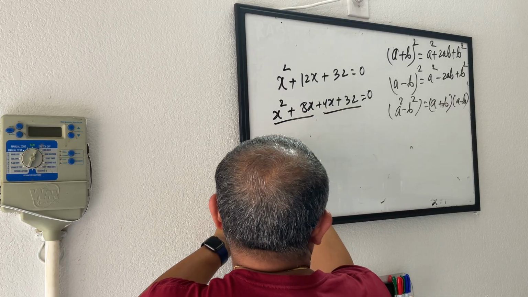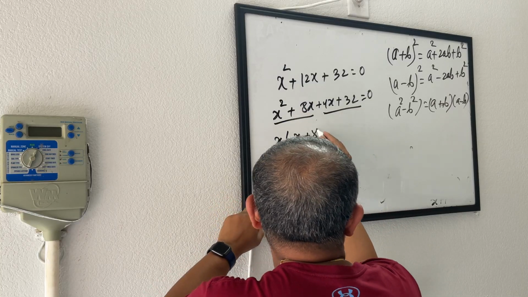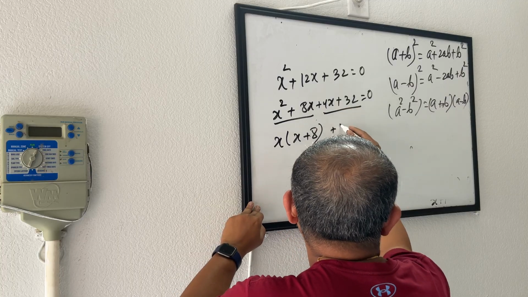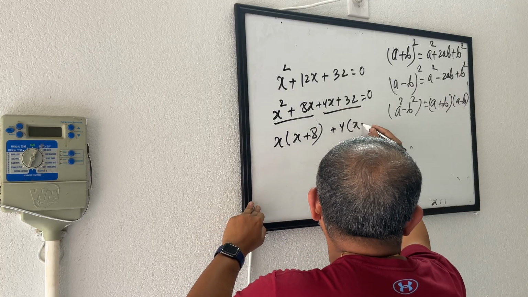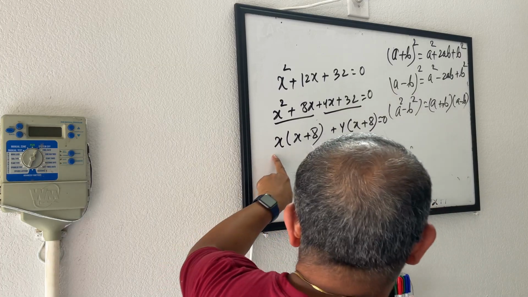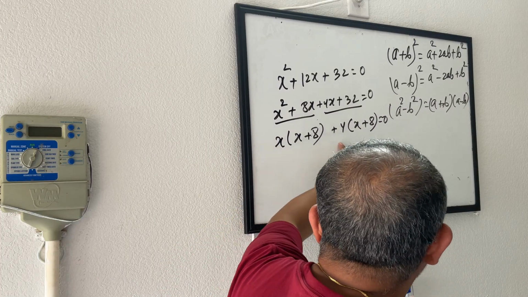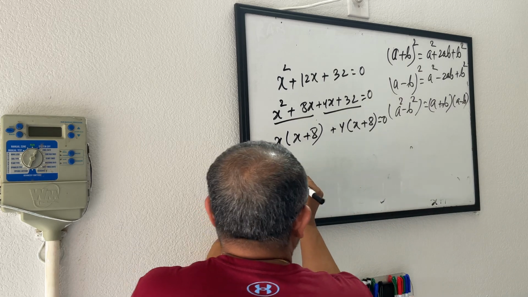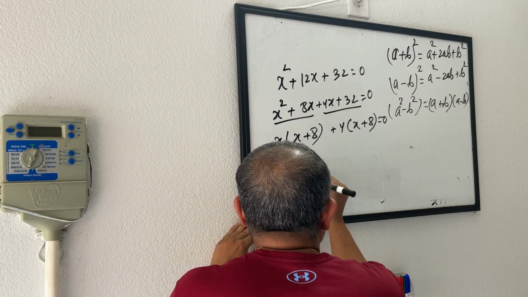Here what is common? X is common, it becomes x plus 8. Here what is common? 4 is common. 4 times x plus 4 times 8 is 32. Oh, I got x times x plus 8 plus 4 times x plus 8. So I can write this as x plus 4 into x plus 8.